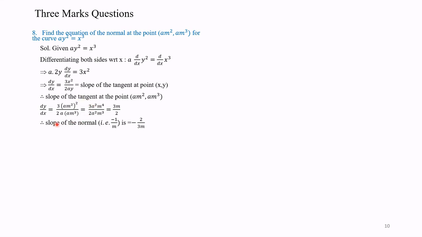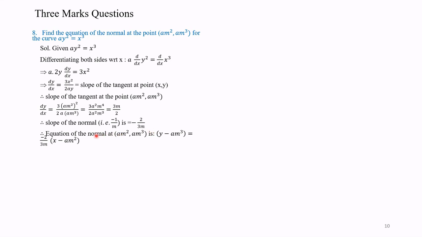Now, the slope of the normal is given by minus 1 by m. So dy by dx is m, and minus 1 by m is minus 2 by 3m, that is, the negative of the reciprocal.